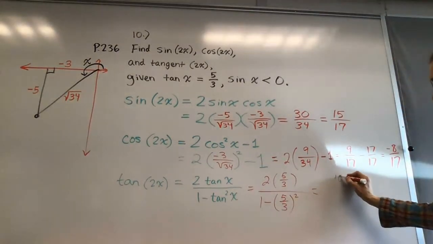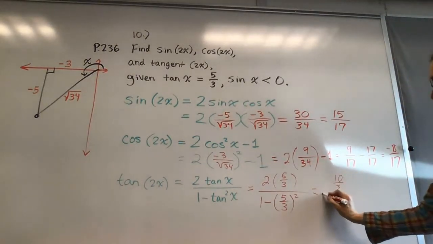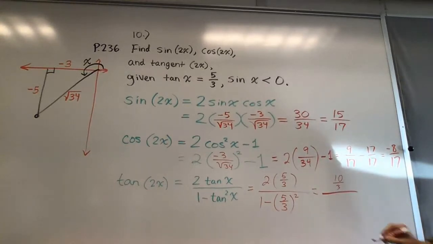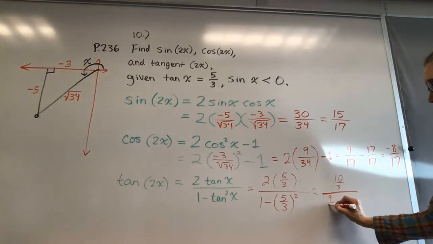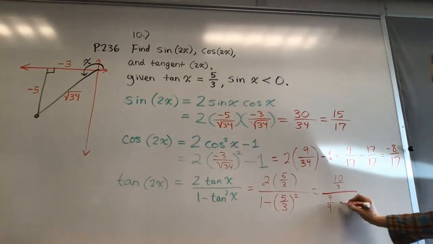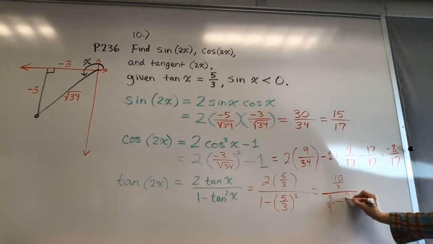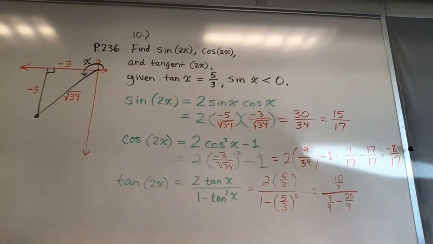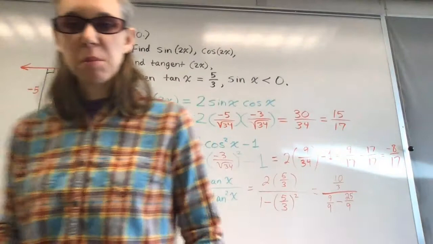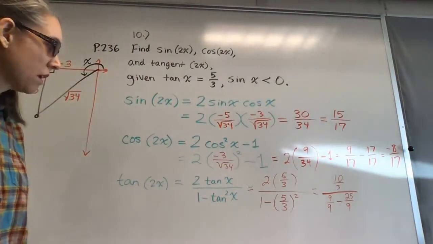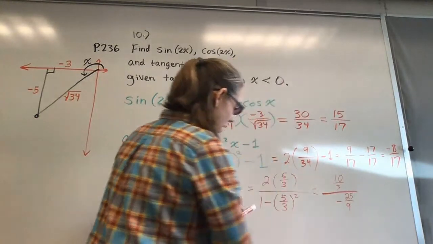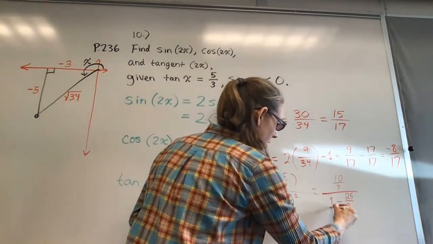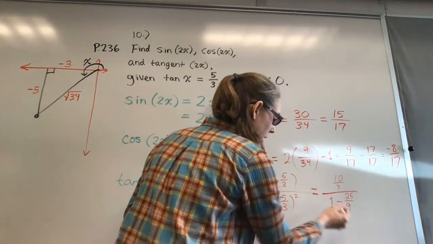We have 10 over 3 all over, well, this is, let's see, 9 over 9, that's 1, minus 25 over 9. Maybe that was unnecessary because I'm about to clear the fractions anyway. I could have just left this as a 1. Okay, I'm going to leave this as a 1 because I'm not going to combine those.